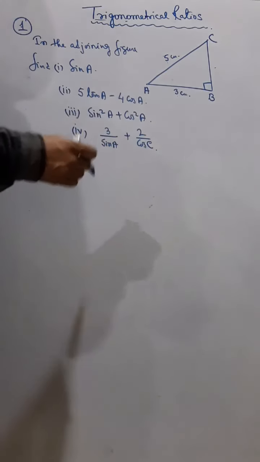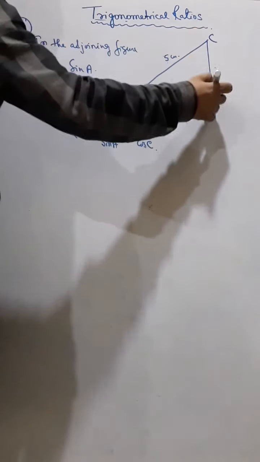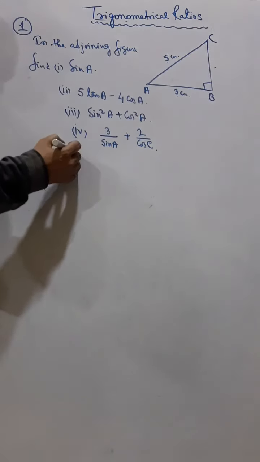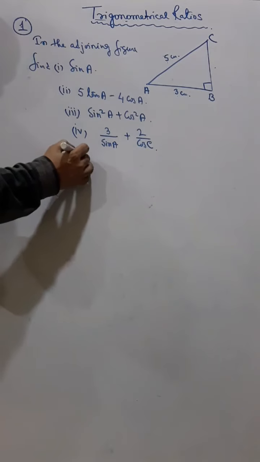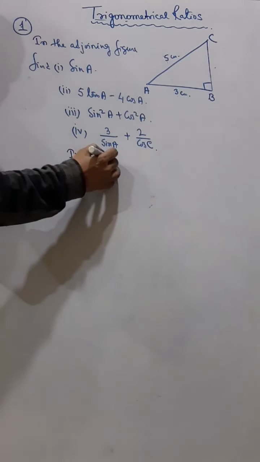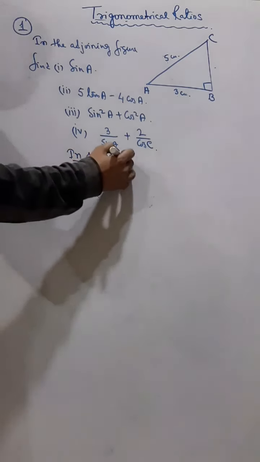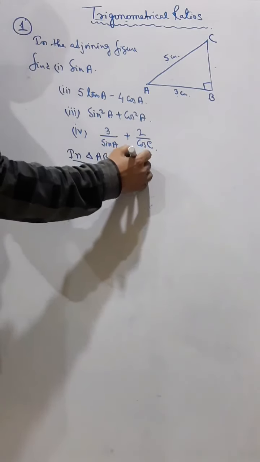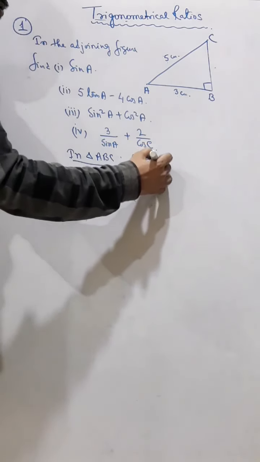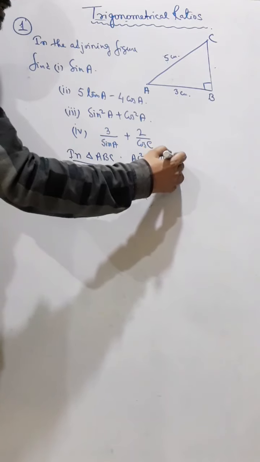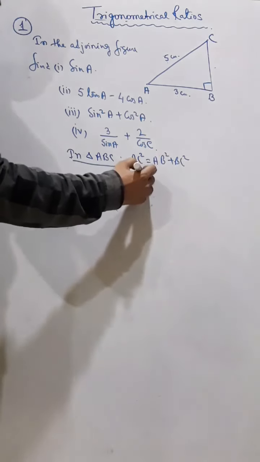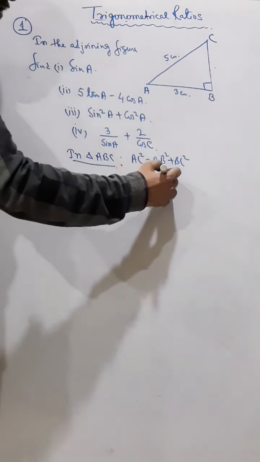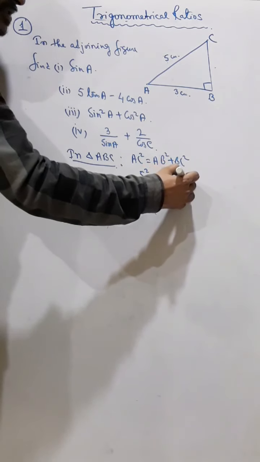Okay, so you can understand how to get the third side. We can apply Pythagoras theorem. So we can say that in triangle ABC, AC square equals AB square plus BC square. So that's 5 square, and AB square is 3 square, plus BC square.